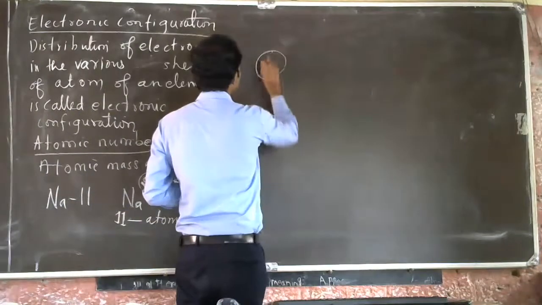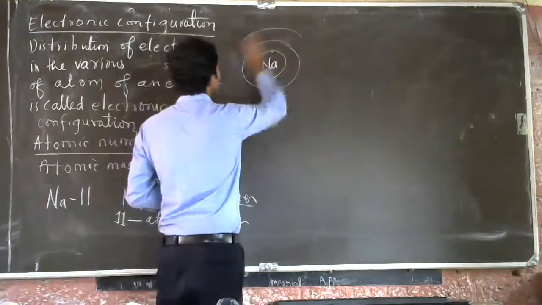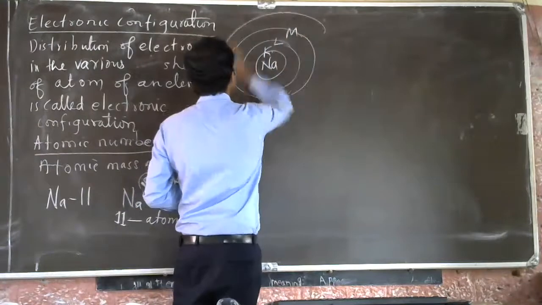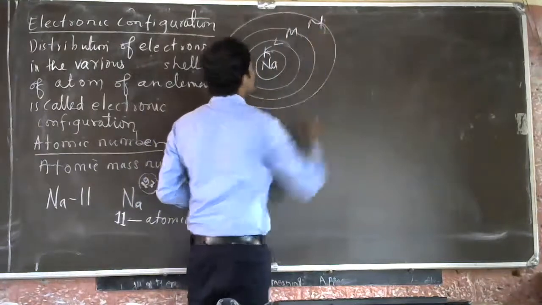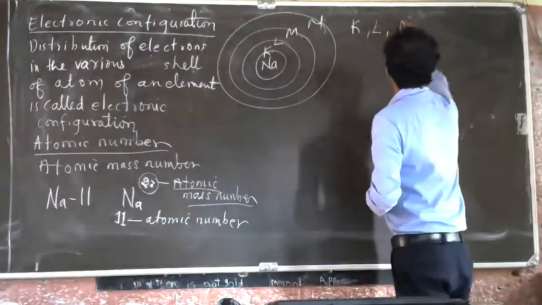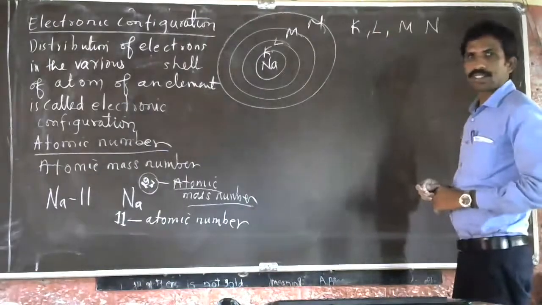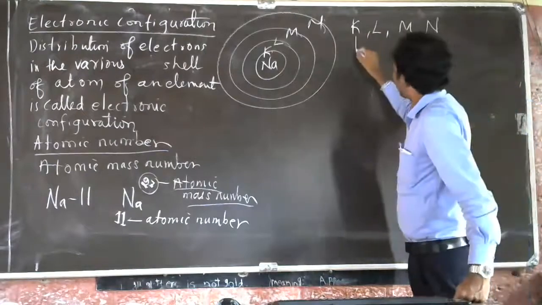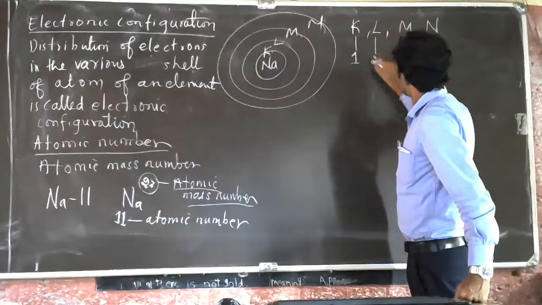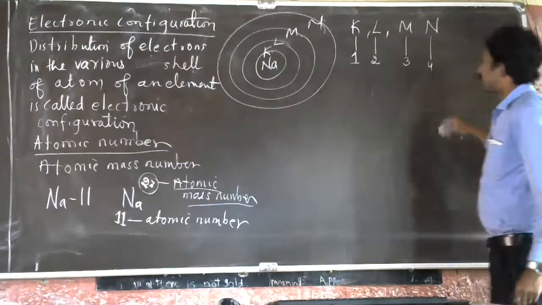An atom of sodium has K, L, M, N shells. K is the first shell, then the second shell, the third shell, and the fourth shell. Understood?